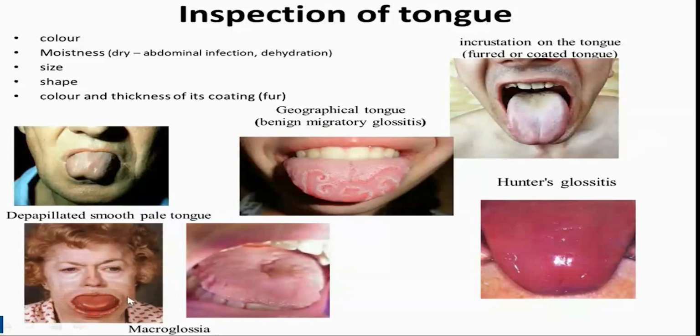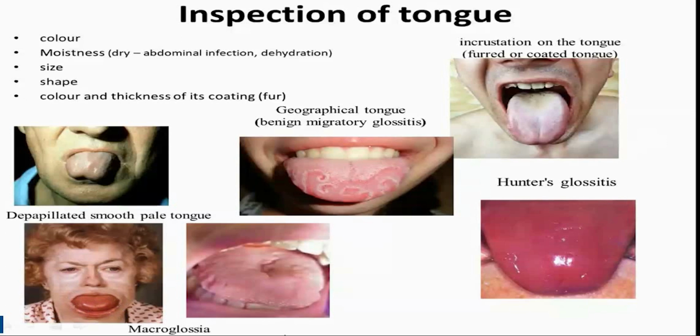You can see here that this woman even can't completely close her mouth due to the very enlarged tongue. Unfortunately, it's a disease, and the answer is, what is the disease? It is accumulation of pathological substances inside. This pathological substance in this very patient is amyloid. And this amyloid accumulation in the muscle of the tongue leads to its enlargement.